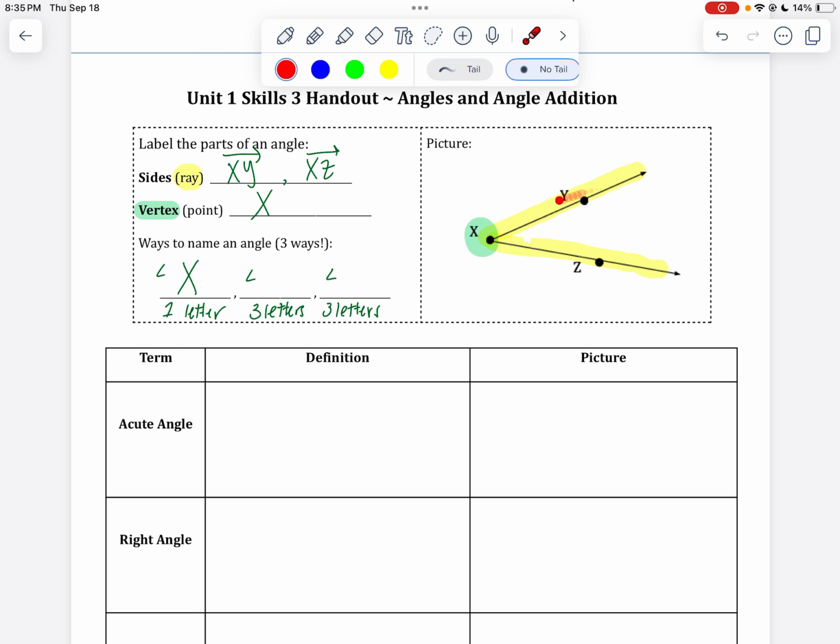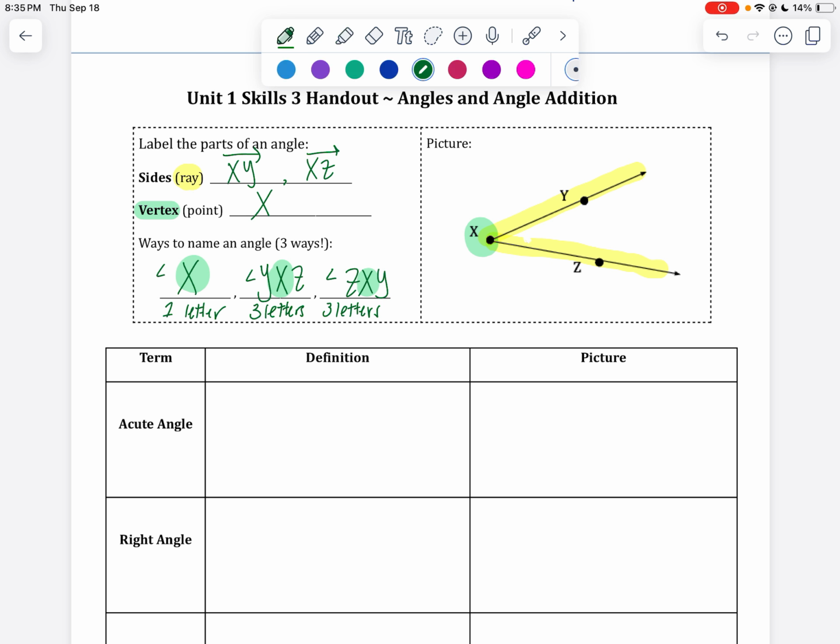So I can start with YXZ. That's my first one. And then I can reverse it. I can start with Z, go to X, Y. So I have ZXY. And we just need to make sure that X is in the middle of my sequence.